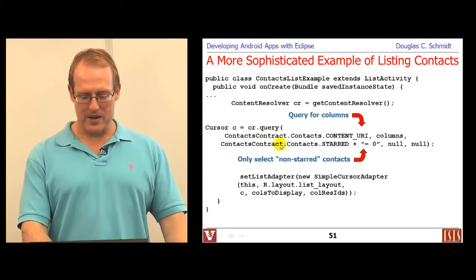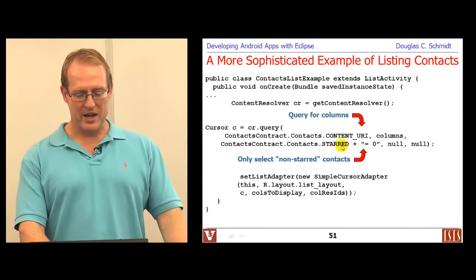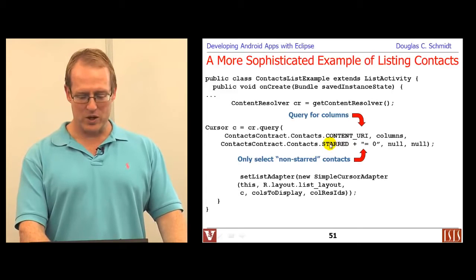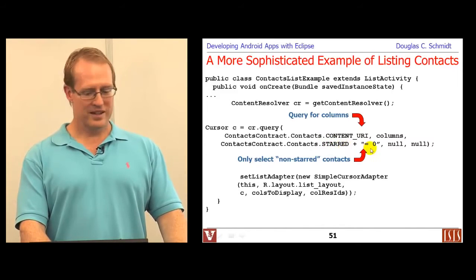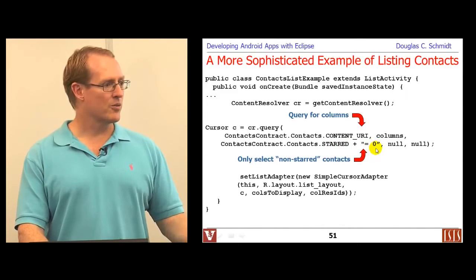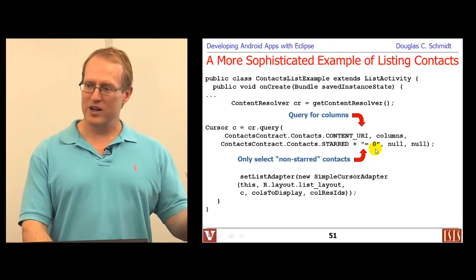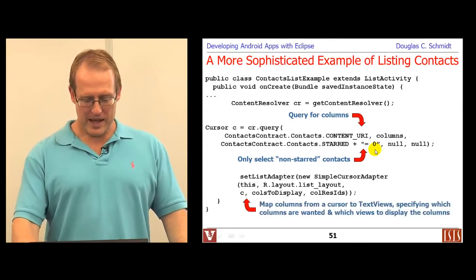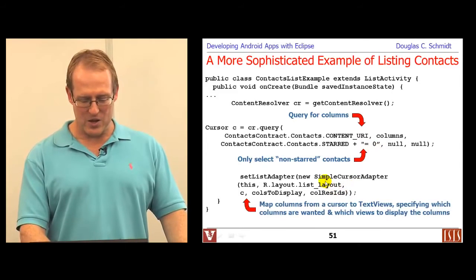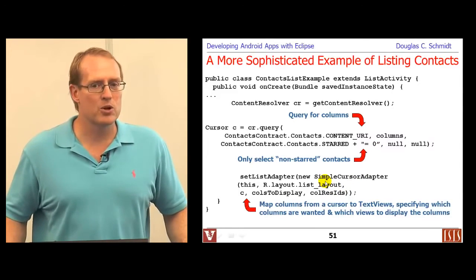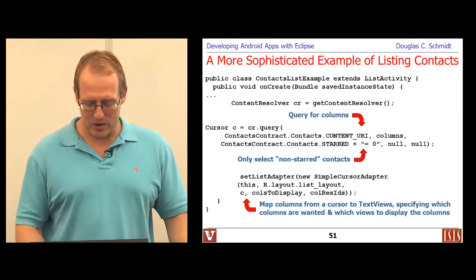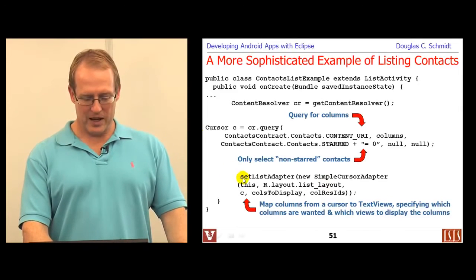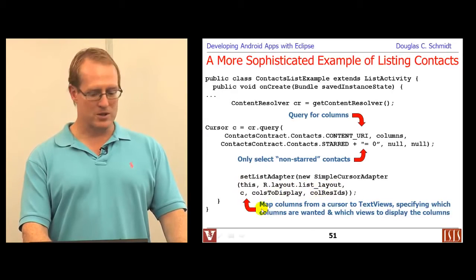So everybody who's not starred, we're going to select for that. And you can see how we do that by passing in a filter where we say, I want to take the case where starred equals nil or 0. You could change that to 1 if you wanted to return stuff that was your favorites. And then when we're all done, we use something called a simple cursor adapter in order to take the results from the cursor and the layout for how we want the results displayed.